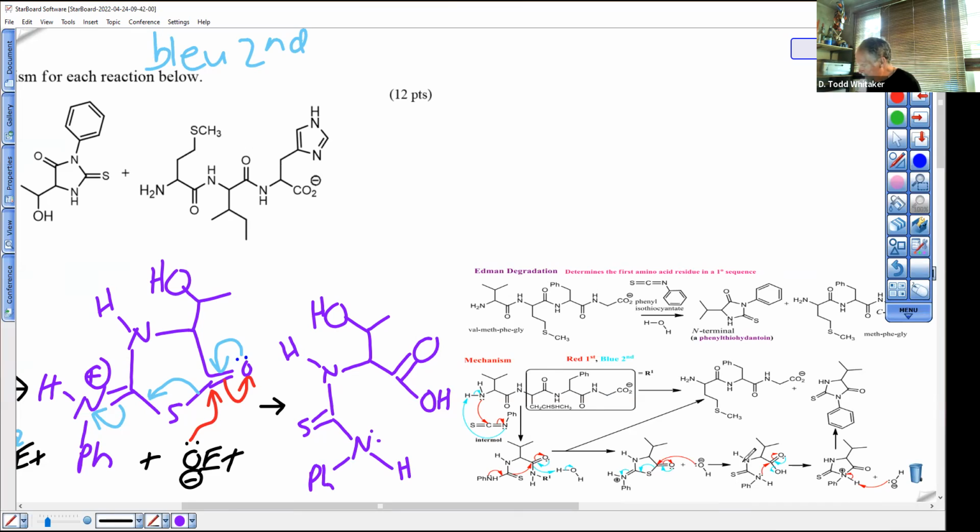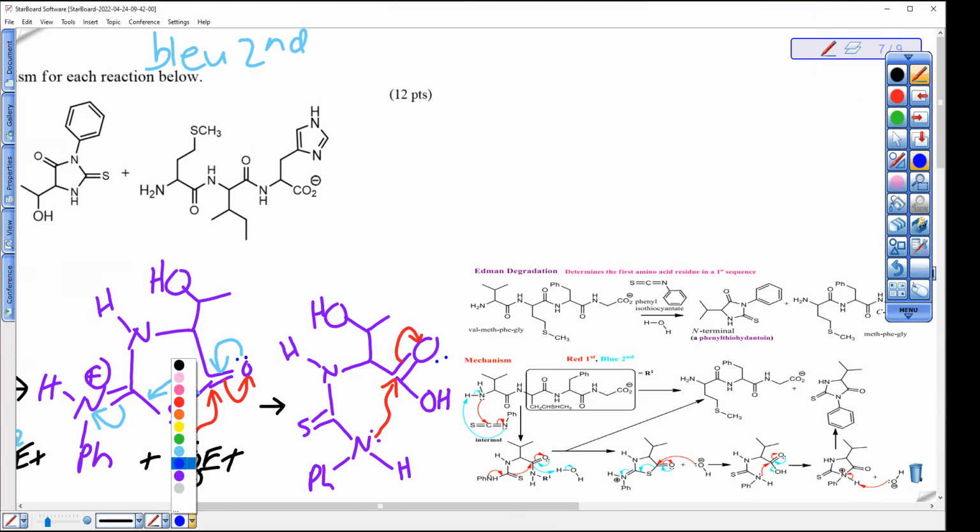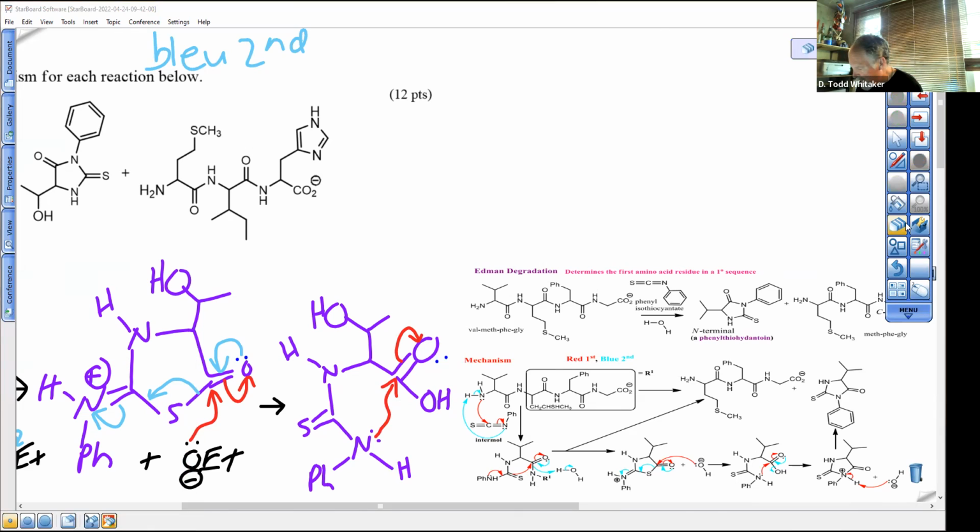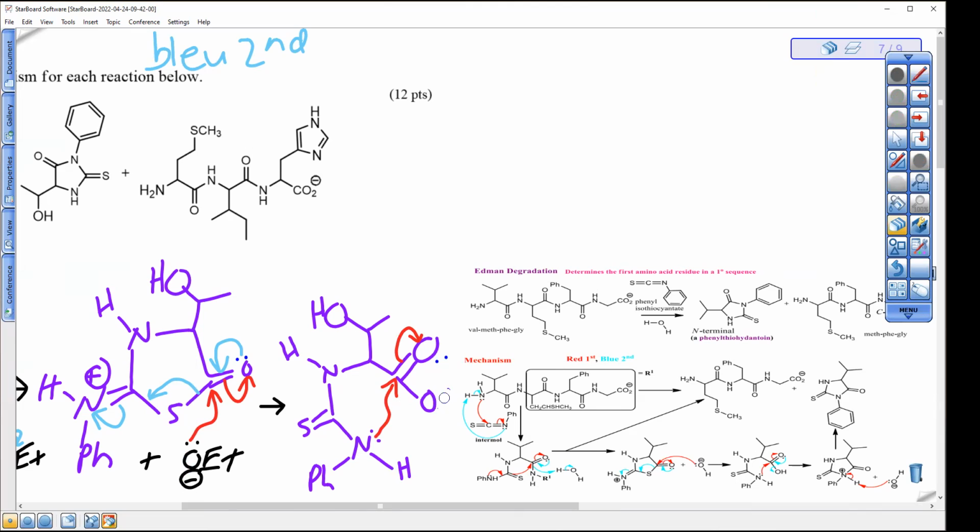And you are here. Lone pair is going to attack the carbonyl. Pi is going to break. Lone pair comes back and hoofs off OH minus. It's actually OEt, but it's fine. Oh, you're right. It's OEt. See? Busted. Yeah, I just copied.